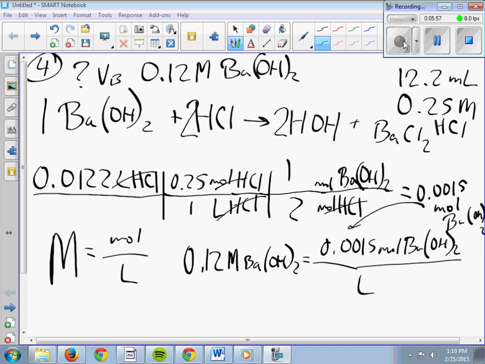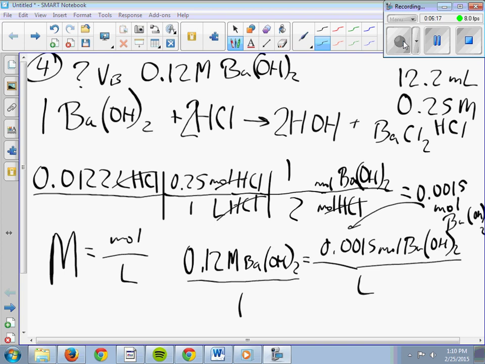I usually do things the long drawn out way instead of the super quick way. If you find out a super quick way, you can do that on your own. If you don't want one, then you can go the long drawn out way. So 0.0015 times 1 divided by 0.12.